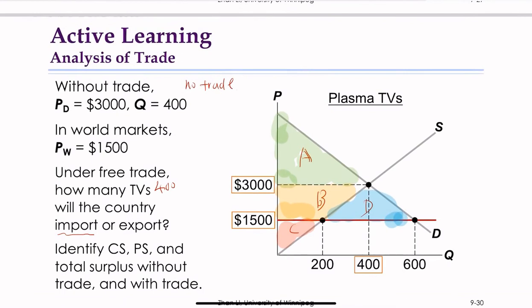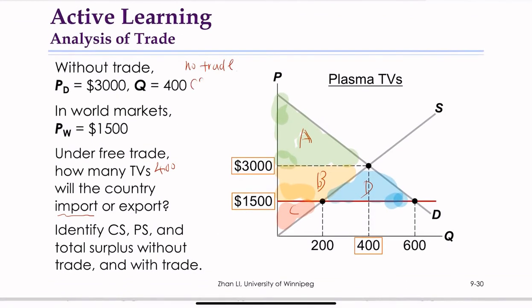So with no trade, CS is A, PS is BC, and TS is obviously ABC, right?